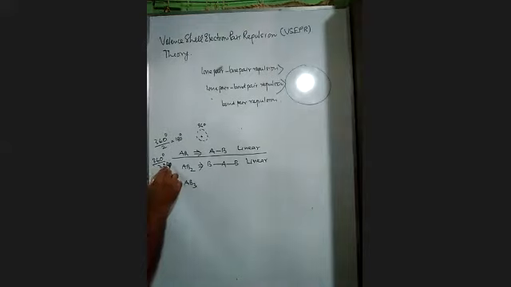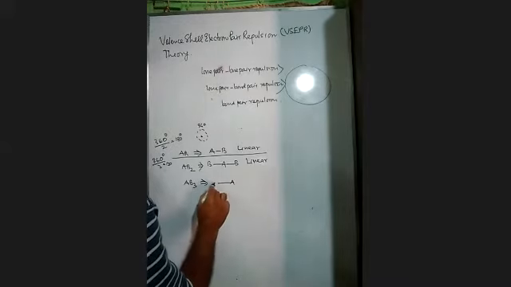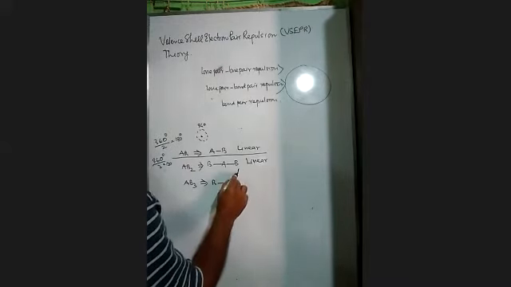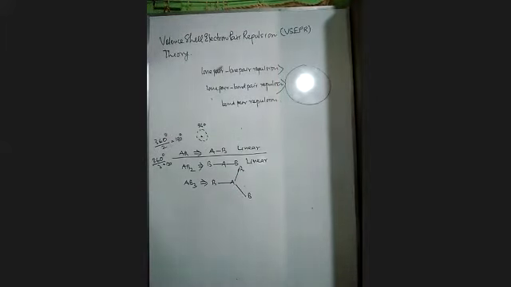Now if I go for AB3, what do I do? 360 degrees divided by 3 is 120. So how does it look?